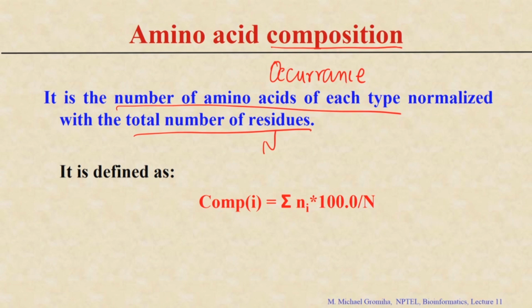So we can define amino acid composition as composition of I equal to sigma n of I into 100 divided by n.